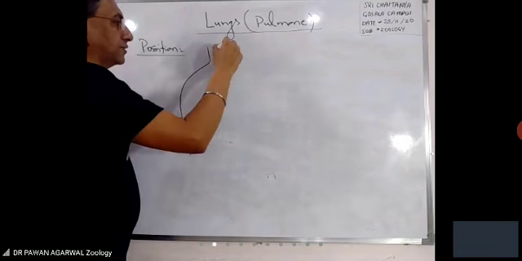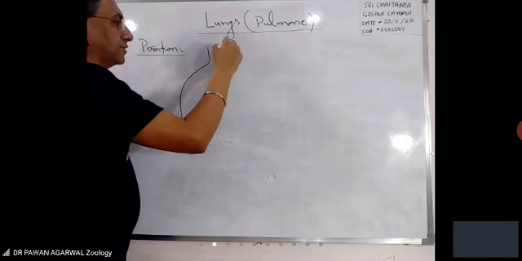I am talking about the human. Above it is the cavity known as the thoracic cavity, and this lower cavity is known as the abdominal cavity.